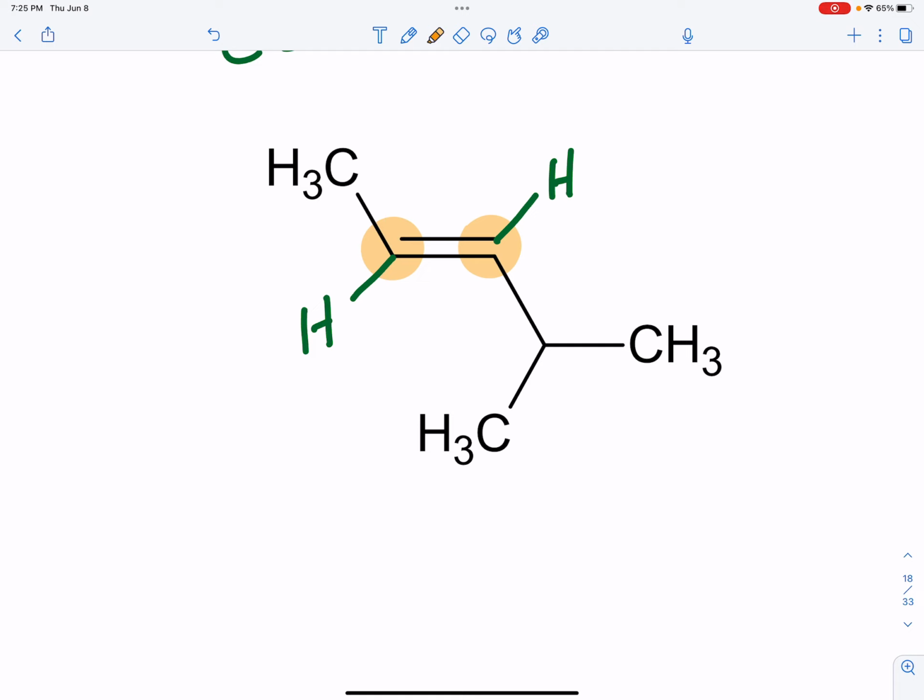If you look at the hydrogens, you'll notice that the carbon on the left has two different things attached. The carbon on the right of the double bond also has two different things attached. Because they each have two different things attached, yes, this will have cis and trans isomerism. So now, which is it? Is this the cis isomer or is it the trans isomer?